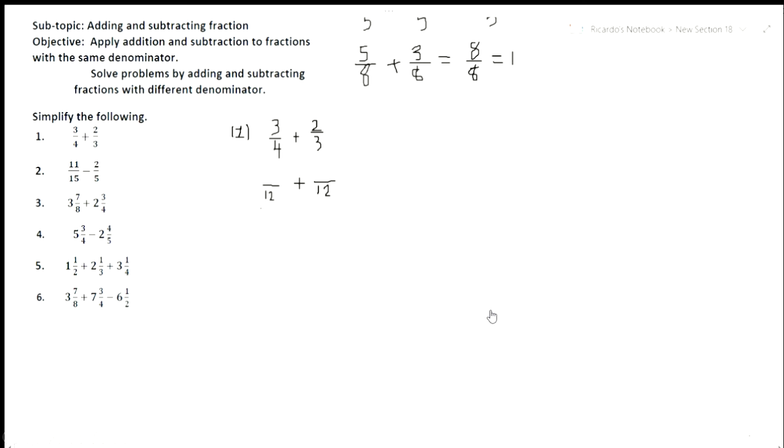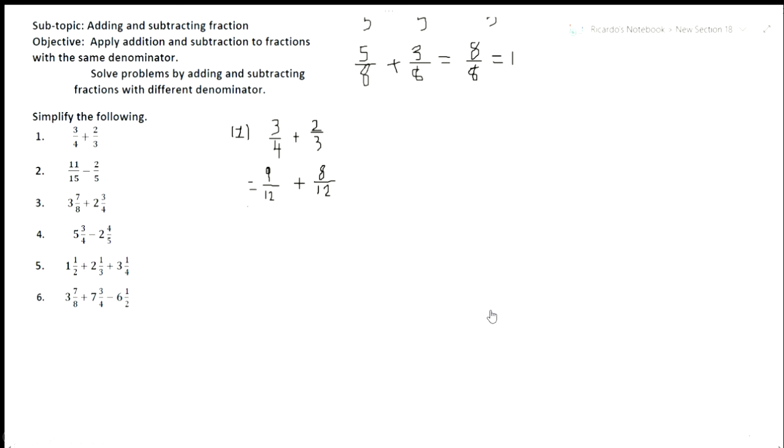So 4 into 12 goes 3 times, right? Then you multiply the 3 times the numerator. So 3 3s is 9. 3 into 12 goes 4 times, and you multiply by the numerator. 2 4s are 8.